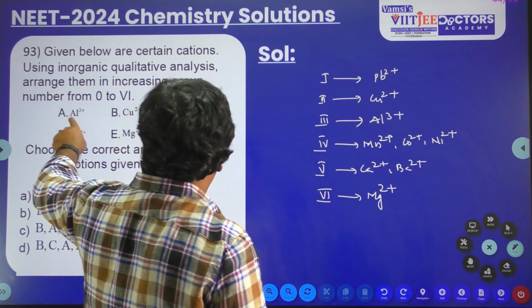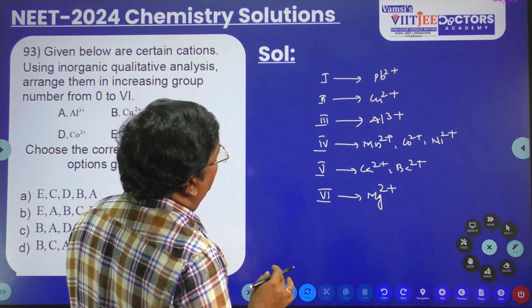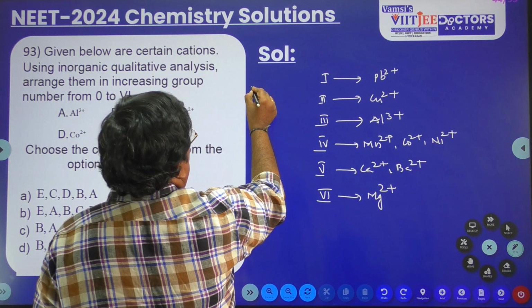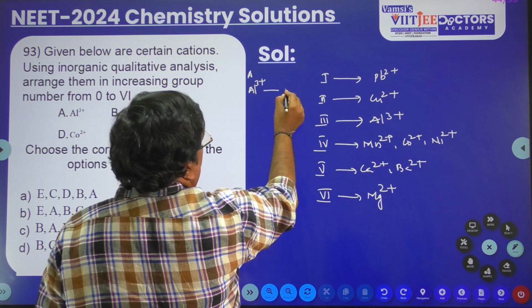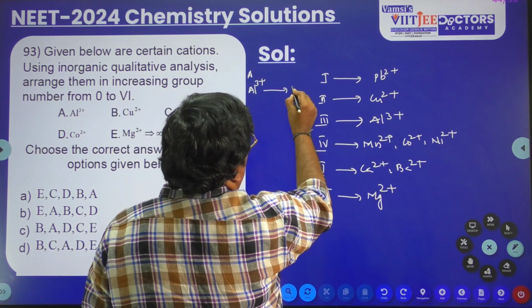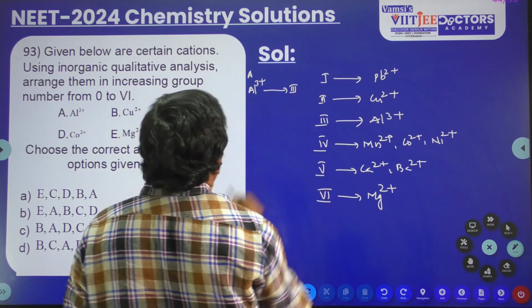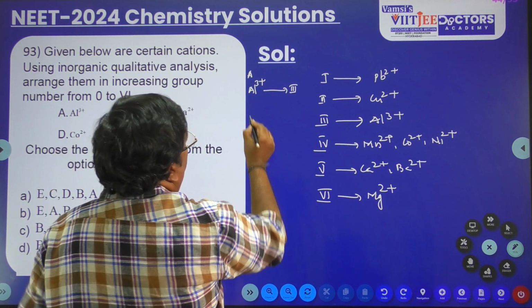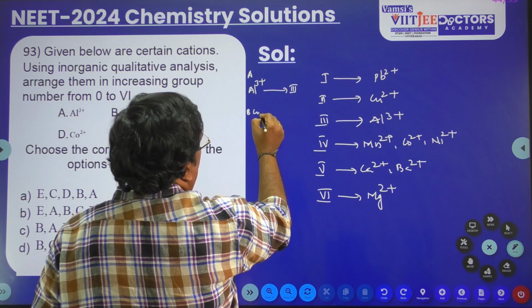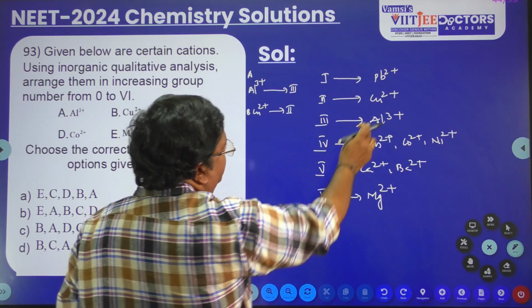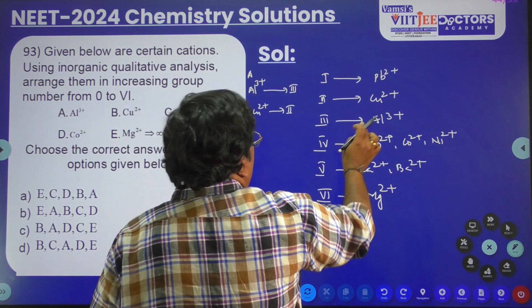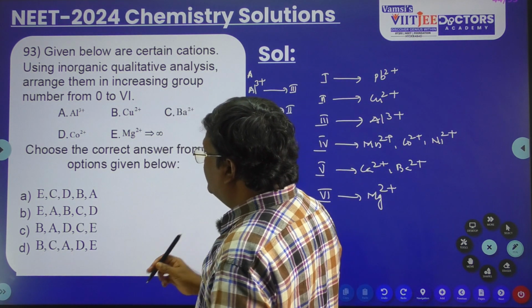So here A is given aluminum +3. Al+3 belongs to third group, right? And B copper is given as second group. Means first copper comes, so B comes first.